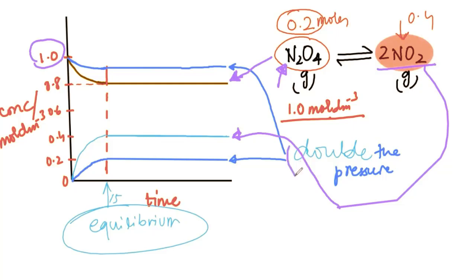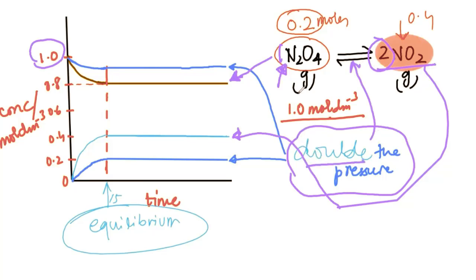If we increase the pressure, since we have 1 mole of N2O4 turning into 2 moles of NO2, increasing the pressure is going to favor the reverse reaction. As the pressure is doubled, the amount of N2O4 reacting is going to reduce to half. It means that now just 0.1 mole per dm³ will be used up, producing just 0.2 moles of nitrogen dioxide.